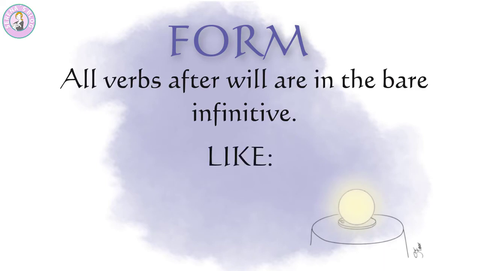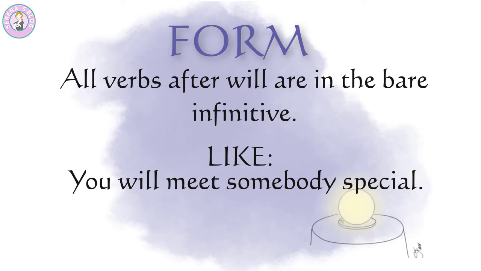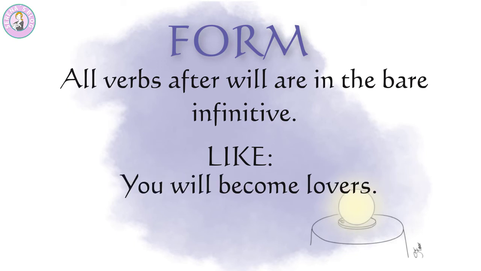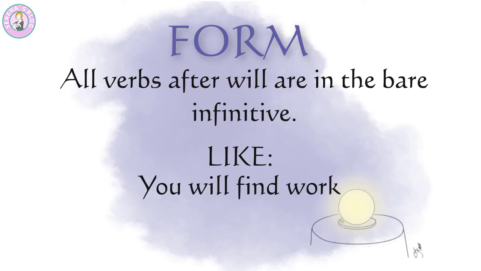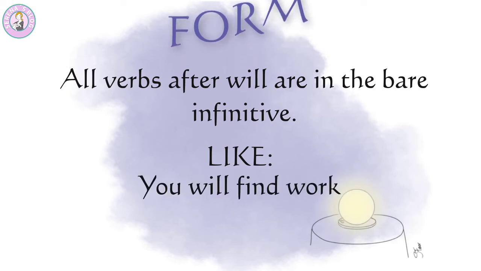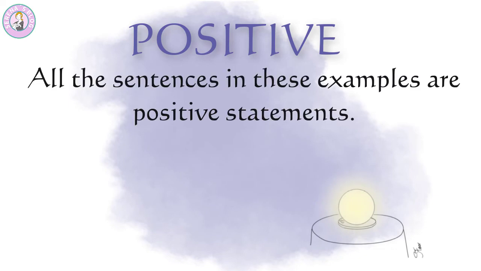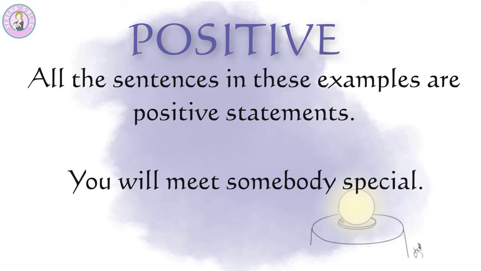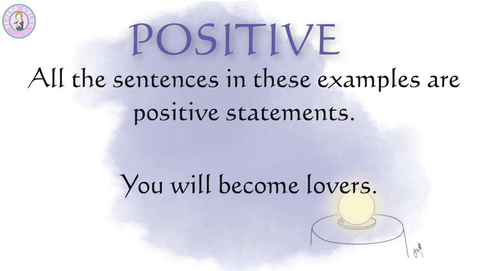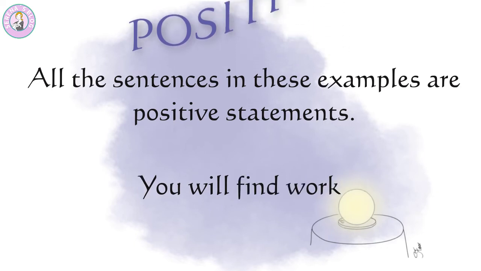All verbs after will are in the bare infinitive, like you will meet somebody special, you will become lovers, you will find work. Positive sentences. All the sentences in these examples are positive statements, like in you will meet somebody special, or you will become lovers, or you will find work.